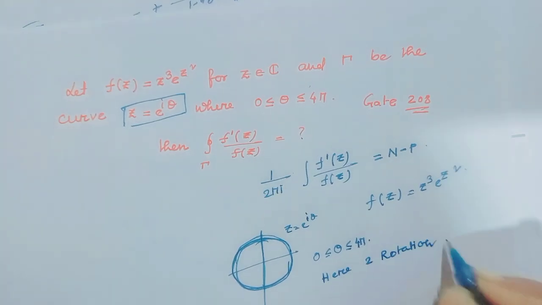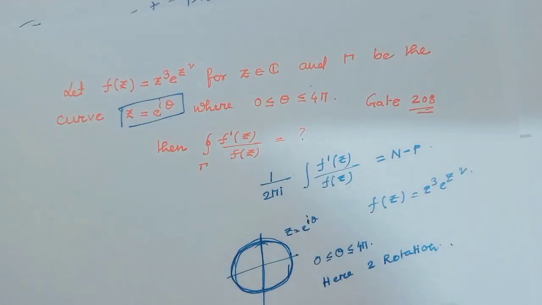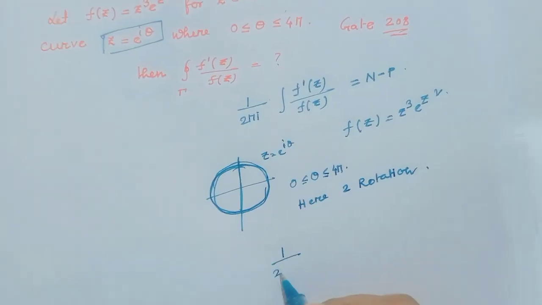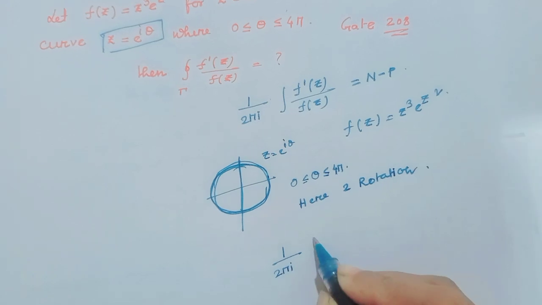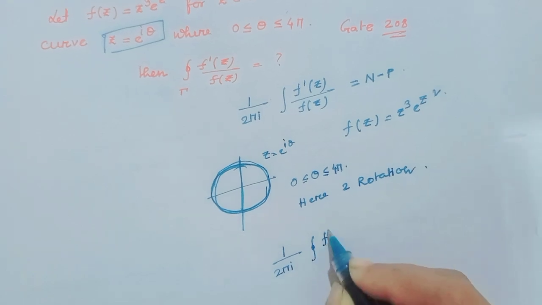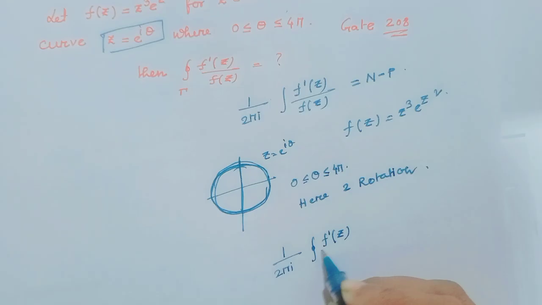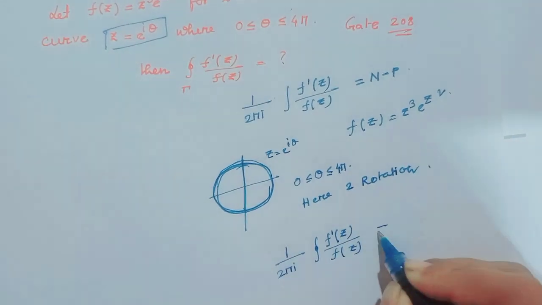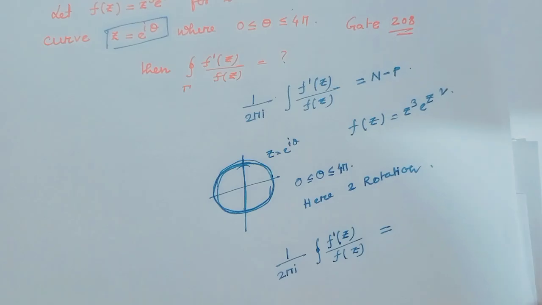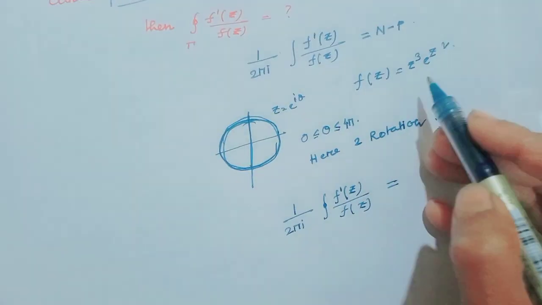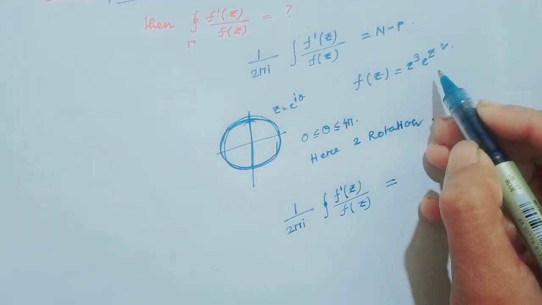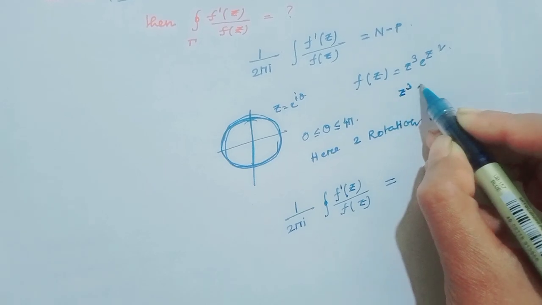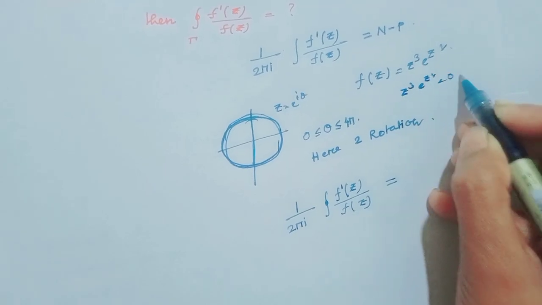That means 1 over 2 pi i integral of f prime z divided by f z is equal to, since f z equal to z cube e to the power z square, the number of zeros is, z cube e to the power z square equal to 0.